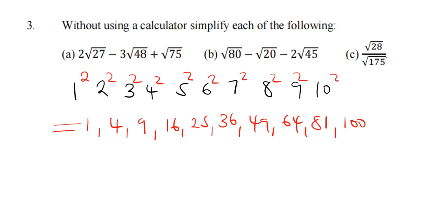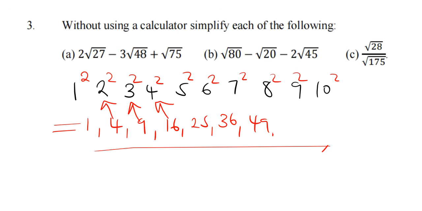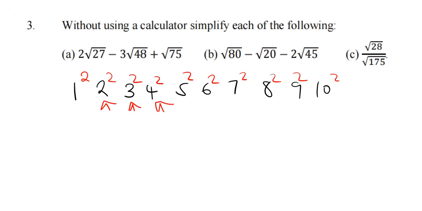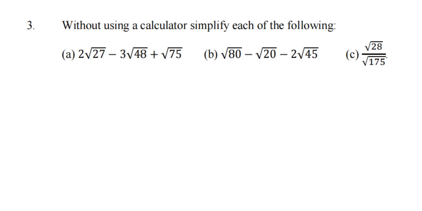Okay, you can keep on going. We're targeting these numbers because the square root of these numbers is going to take us back to these numbers. So these answers that we've just written down are called perfect squares of those numbers. So now let's start with the first one.